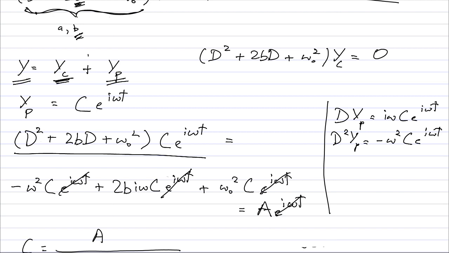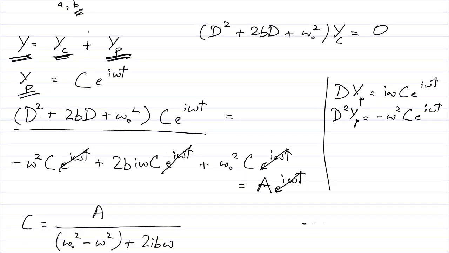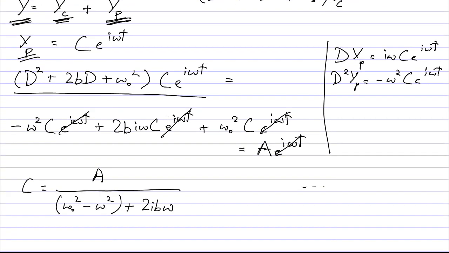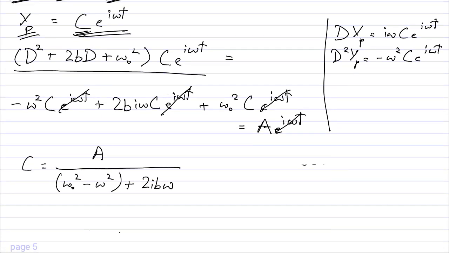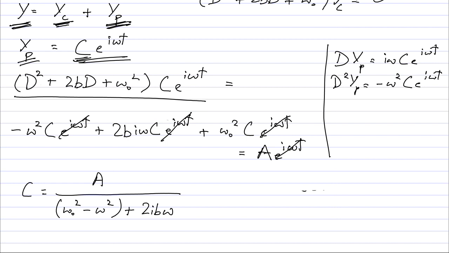To find small y, I need to take the imaginary part of capital Y, essentially the imaginary part of the particular solution. So actually I'm not really interested in capital YP, I'm more interested in the imaginary part of capital YP. To take the imaginary part of this thing, it will be convenient if I can write this complex number C in polar form, because then finding the imaginary part is straightforward.